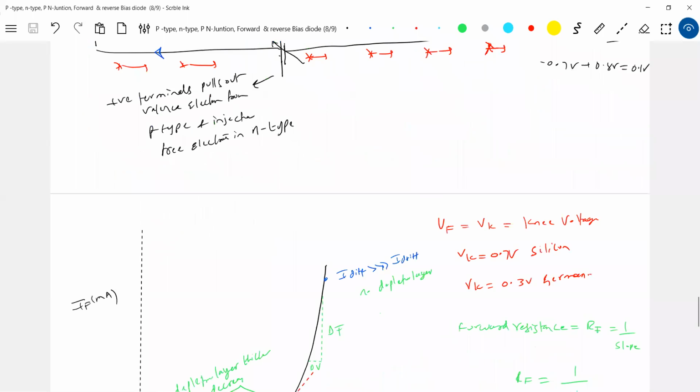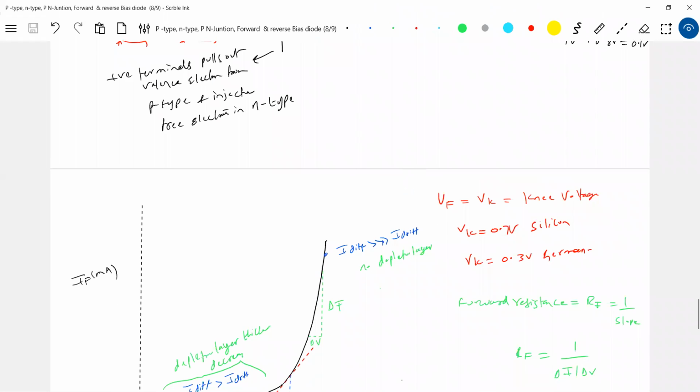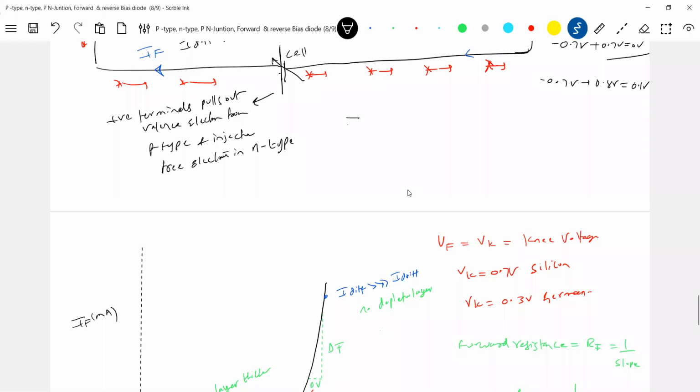So these are very important. What is IF? This IF is due to the diffusion of majority carriers. Let me write here.